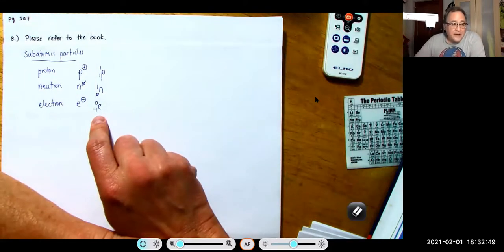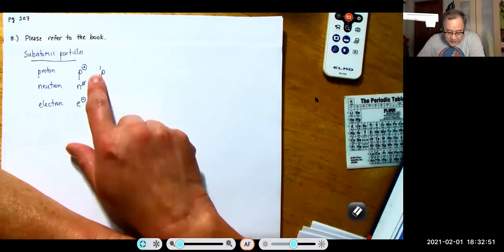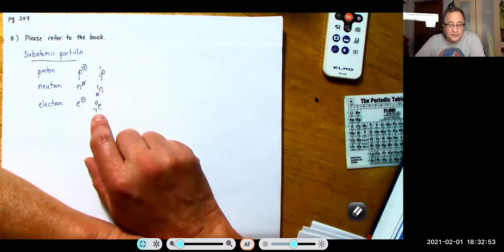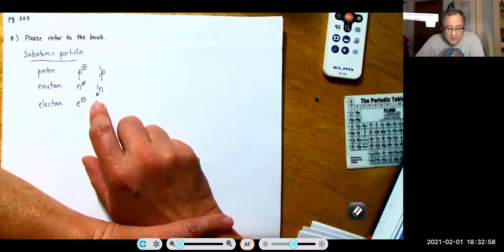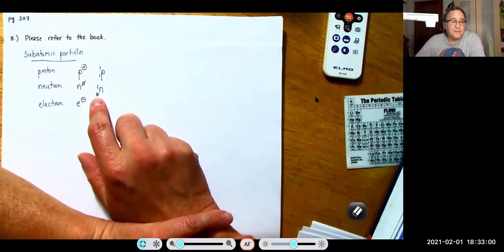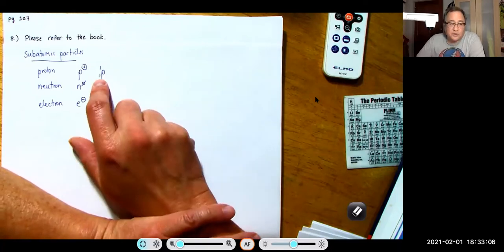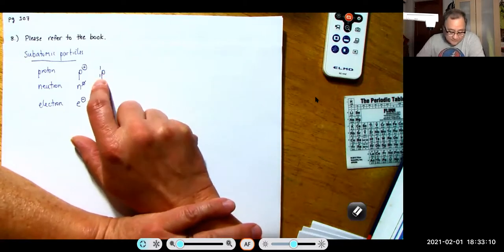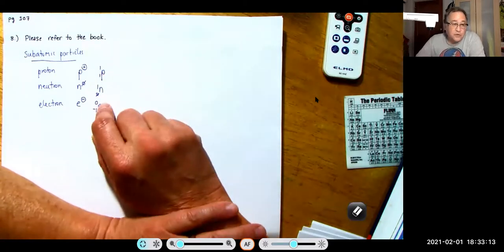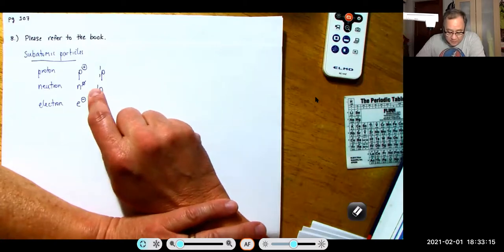Now, when we write elemental symbols like this, the top number is the mass number, which is the number of protons and neutrons. And the bottom number is the number of protons. So you can see that that actually works for a proton. You've got one proton and one proton. That's fine. It actually works for neutrons. How many protons and neutrons? One. How many protons?